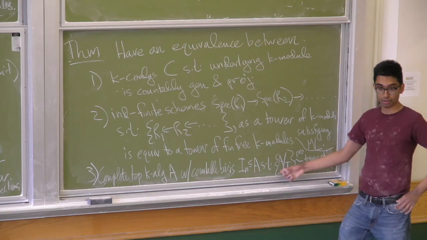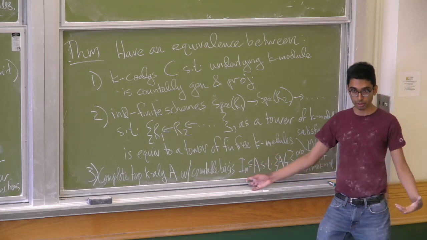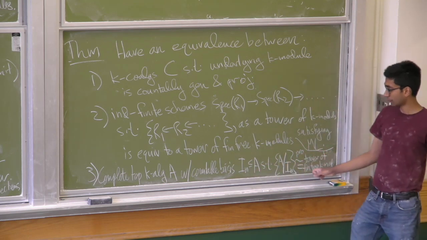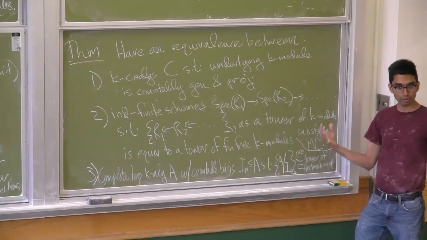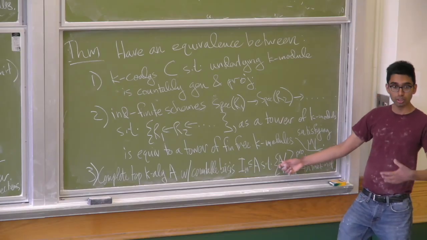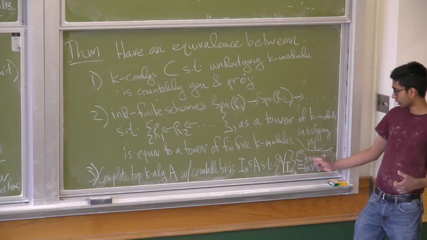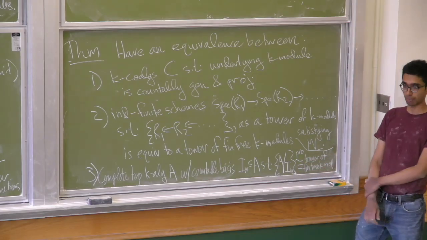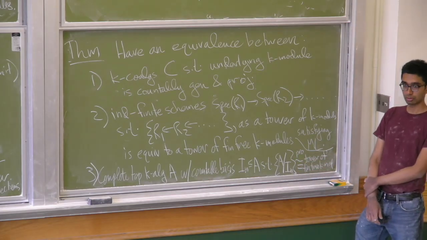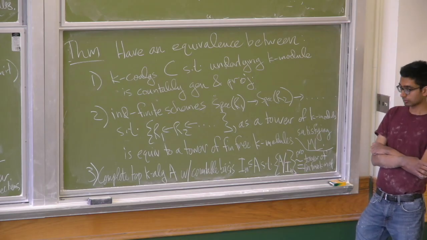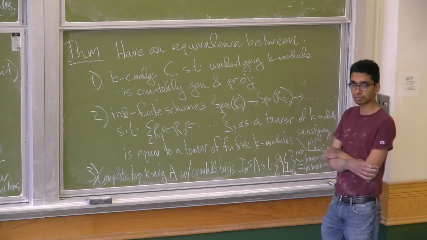That might be an example, but then it's not arbitrary. There's a flatness condition, and the flatness condition is purely module theoretic. The module theoretic flatness condition is that the sequence, as a pro system, is equivalent to a tower of finite free K-modules. So this is not the naive requirement of the algebra being flat.